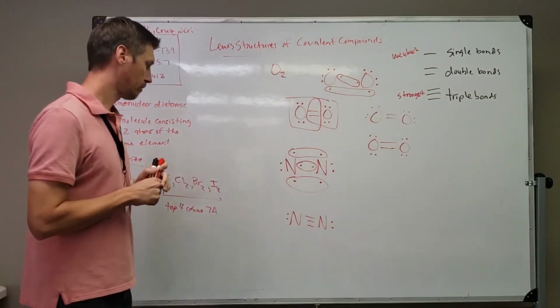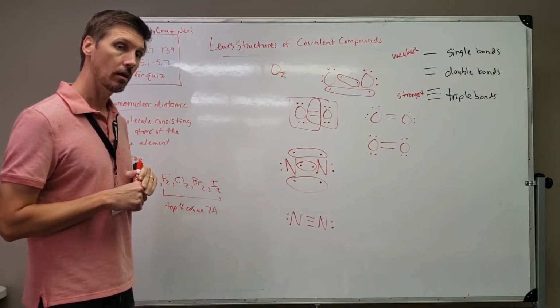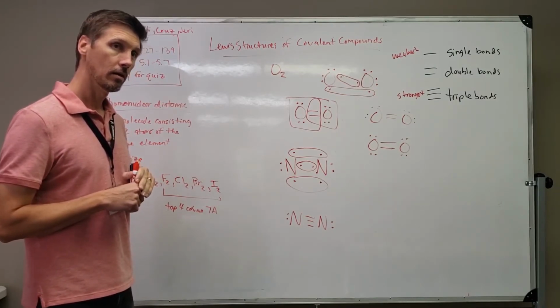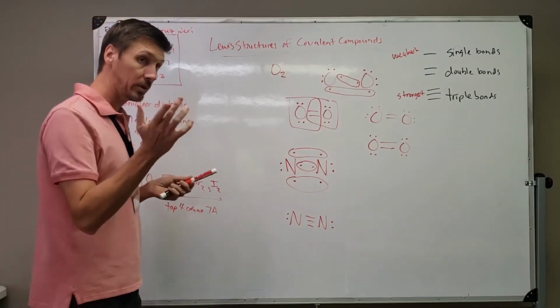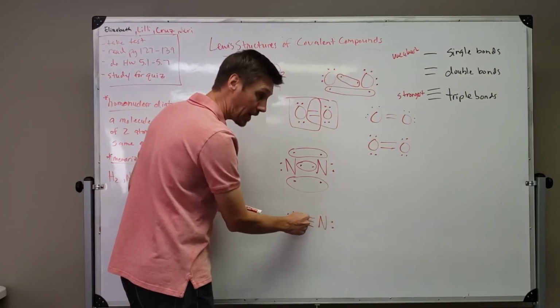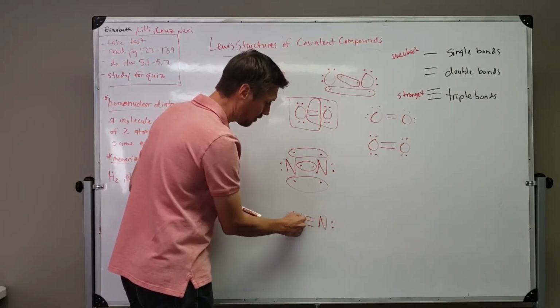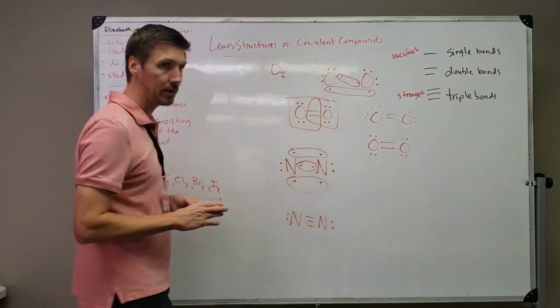Nitrogen, the covalent bond, the thing with the 3 lines, is it supposed to have 2 more electrons on each side? Nope, and the reason we know that is we count them up, right? So we've got 2 here. Each line represents 2 electrons. So 2, 4, 6, 8. So you have a total of 8 around each one.